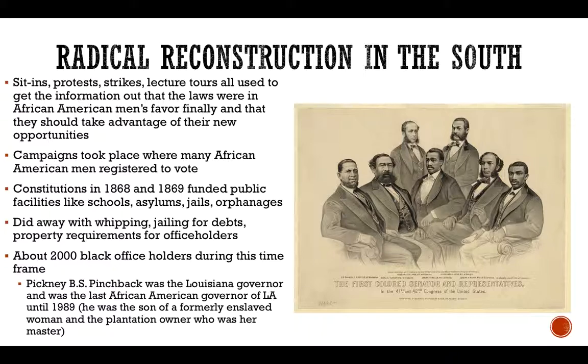Pinckney B.S. Pinchback was the Louisiana governor, and he was actually the last African American governor of Louisiana until 1989. And he was the son of a formerly enslaved woman and the plantation owner who had been her owner. So he was of mixed heritage, and there started to be a different understanding of the level of blackness, as they would put it, or the level of whiteness, as you would put it.